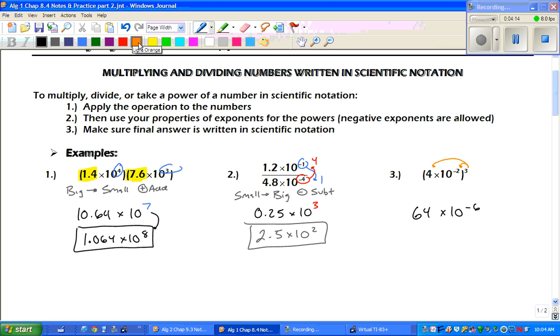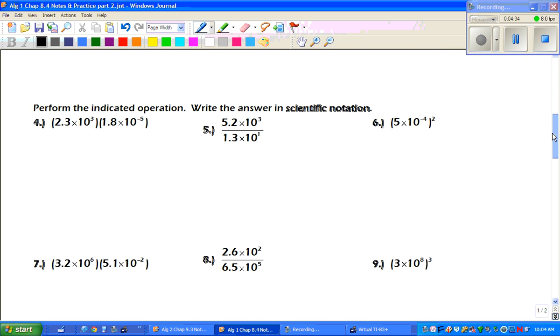And we have to move the decimal. So we're going from big to small, which means we need to add. So it's to the negative 5th. All right. So let's keep on practicing.